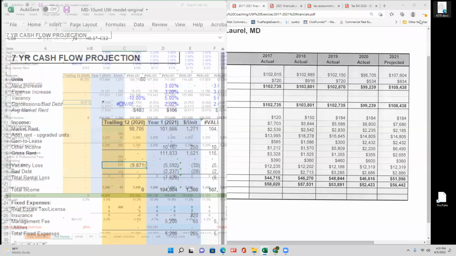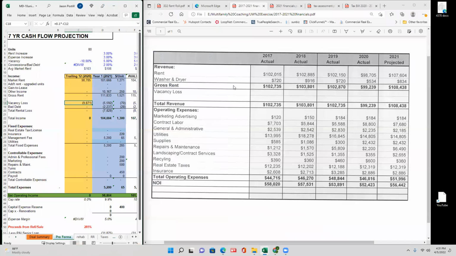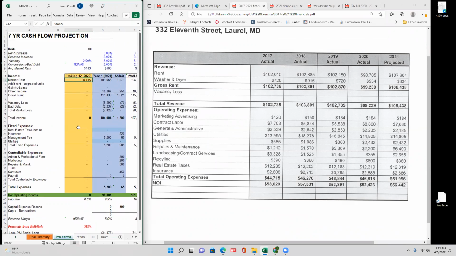Vacancy. So he's saying there's 0 vacancy. So I got to put that in here, 0 times 0. Okay, so 0. $98,705.